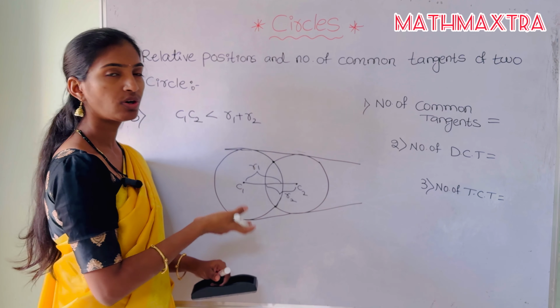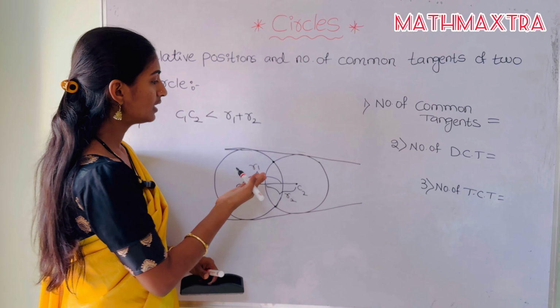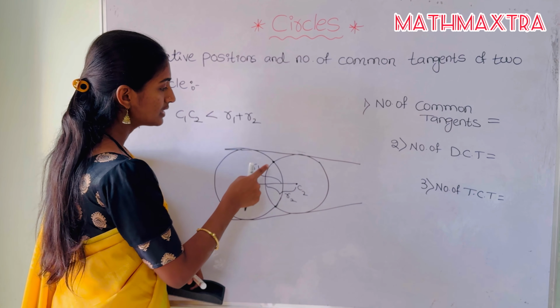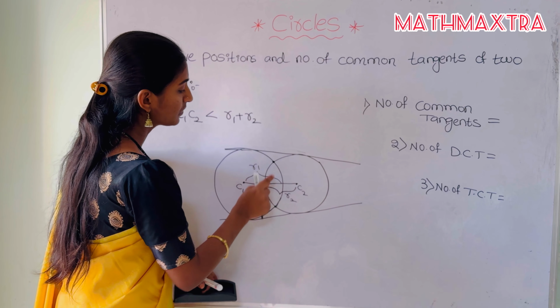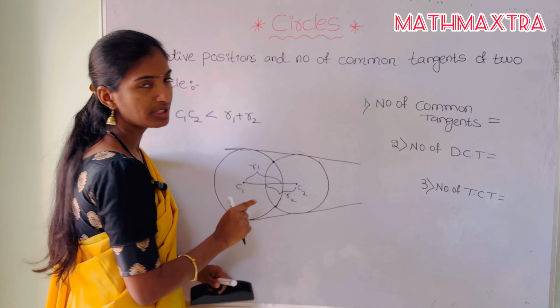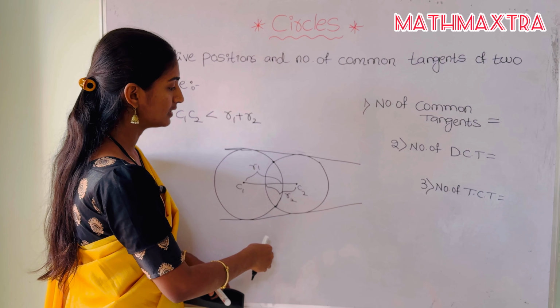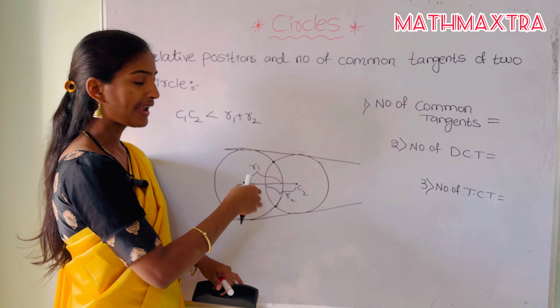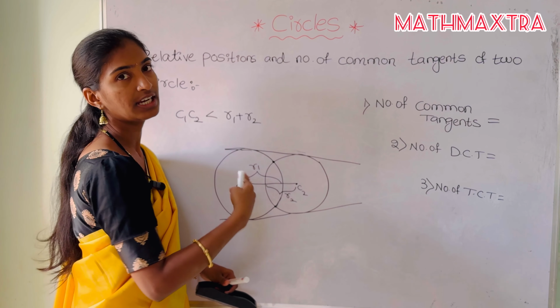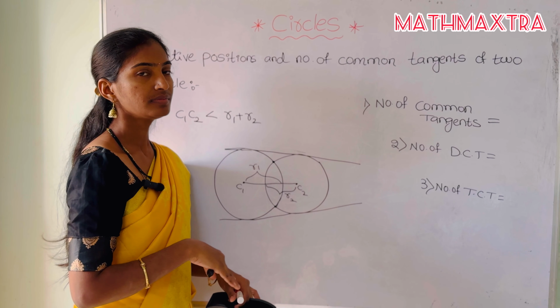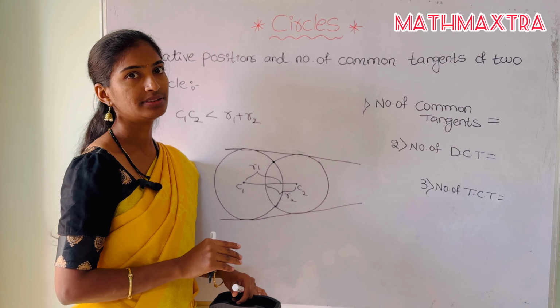Now, if you try to draw a transverse common tangent, that is not possible, because as these two circles intersect each other in two distinct points, if you draw a transverse common tangent like this, that line intersects both the circles in two points, but that will not be a tangent, isn't it?